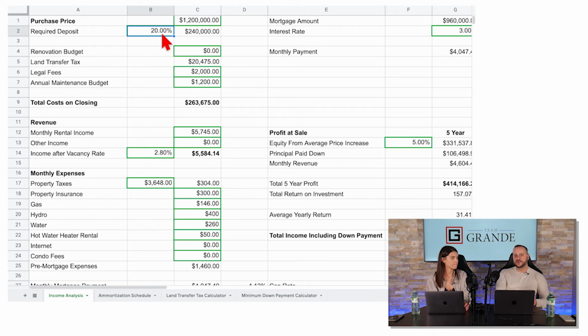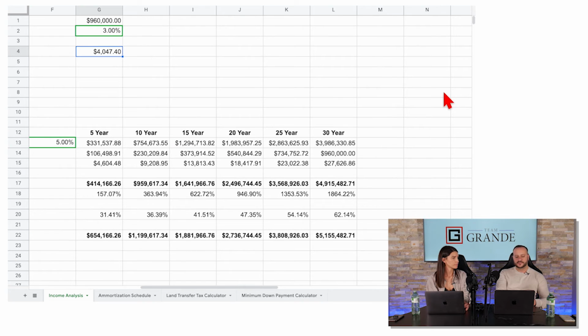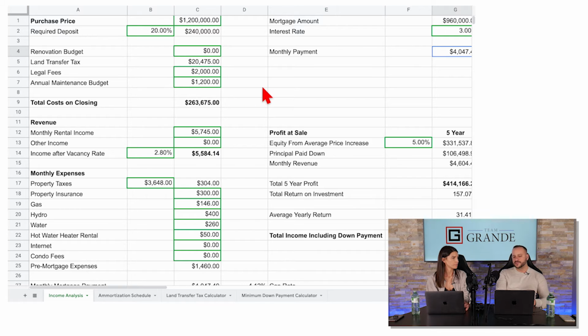20% down, $240,000. We're going to use a 3% interest rate, amortized over 30 years. Brings your mortgage to about $4,000 a month. You think, wow, that's crazy, I'm making mortgage payments of $4K a month. But the income on this thing is $5,745 a month.